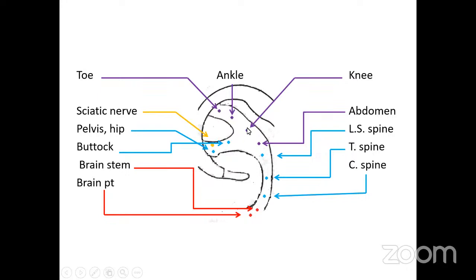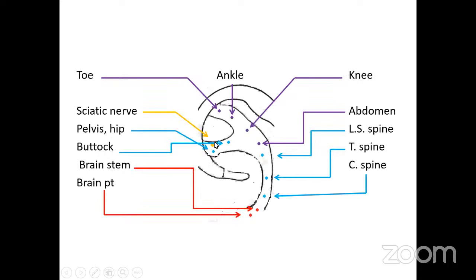And now the whole spine is getting twisted. So here comes the abdomen and your buttocks go backwards, and behind the buttock goes the pelvis and the hip. And adjacent to this, just along the superior margin of the inferior crest, comes the sciatic nerve.